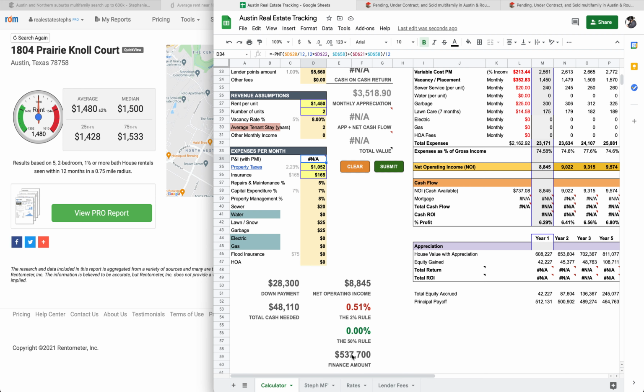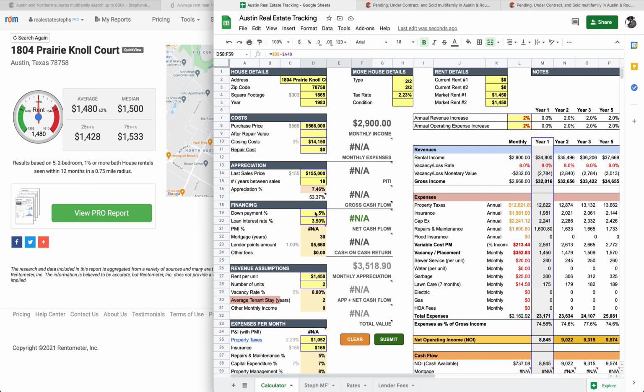Is it because this is 0? No, that looks correct. Okay, D58 plus D21. Oh, this is no match. Oh, shit. Okay, yeah, that's why.